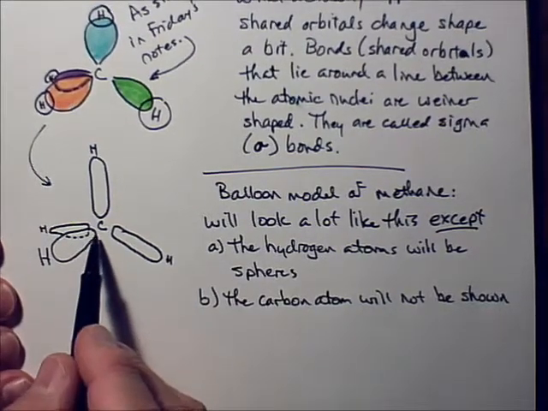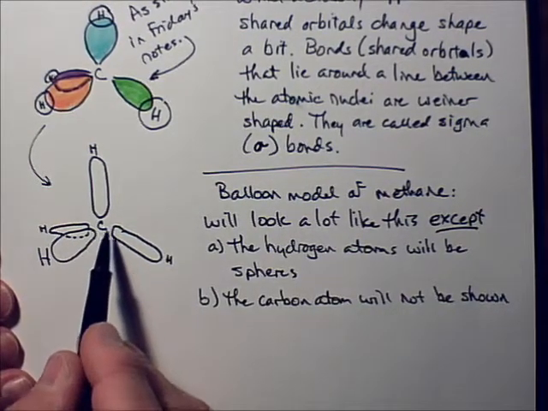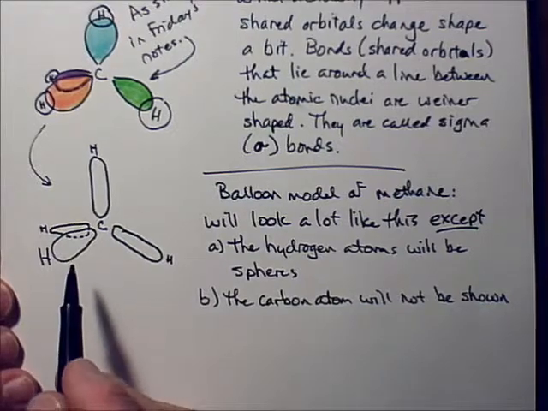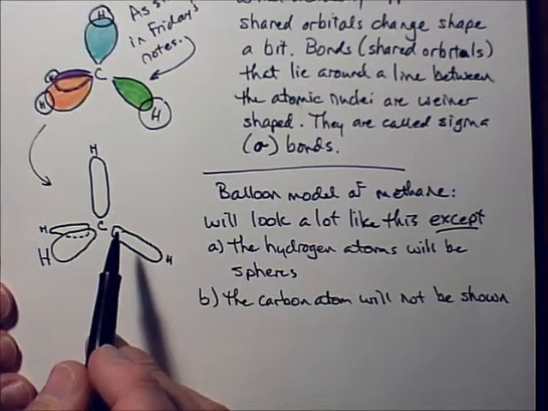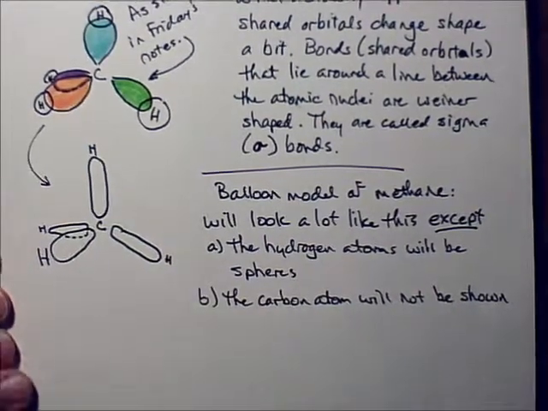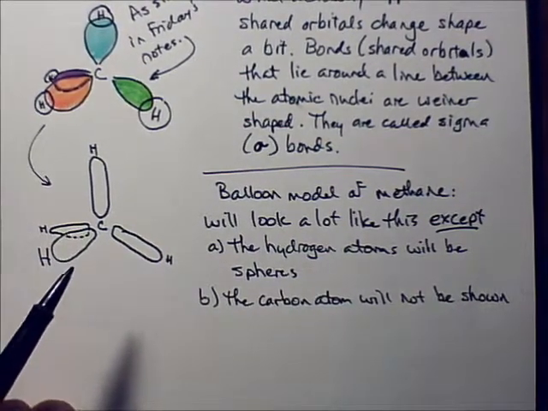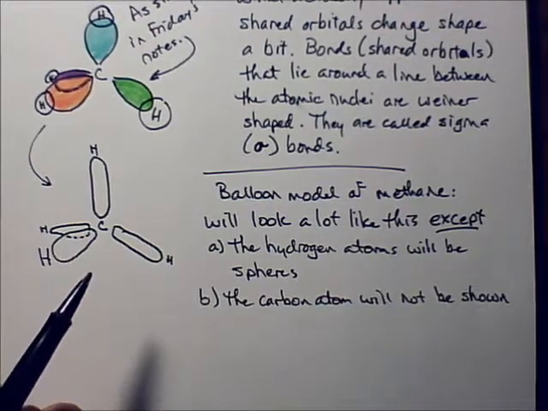We put the carbon atom here in our drawing, but you won't actually see the carbon atom. And if you do it well, the resulting balloon shape will arrange itself tetrahedrally. It'll form a tetrahedron for you so you can see what happens.